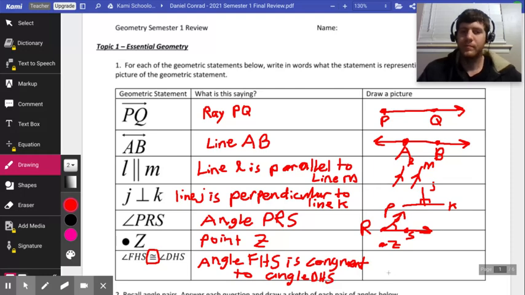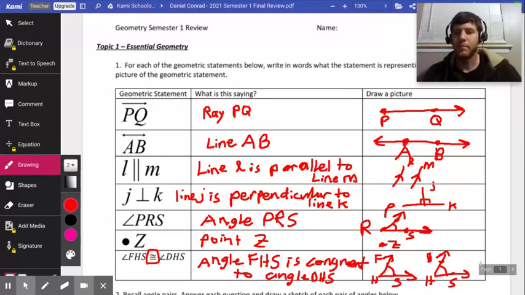And then here we could draw two congruent angles. So this would be F, H, and S, and then angle D, H, and S. These two angles are congruent, so we'll put one arc for both of them. So there's kind of symbols for that.